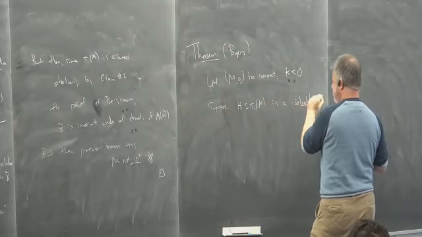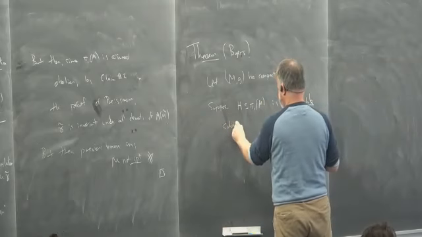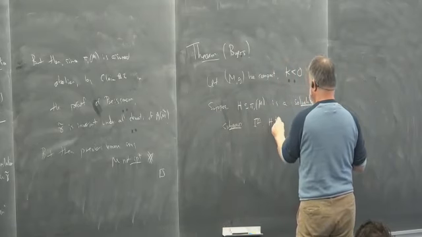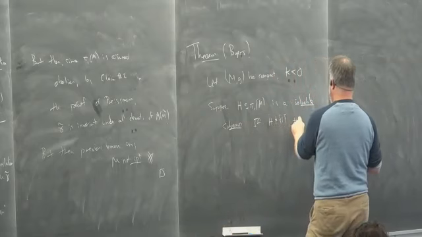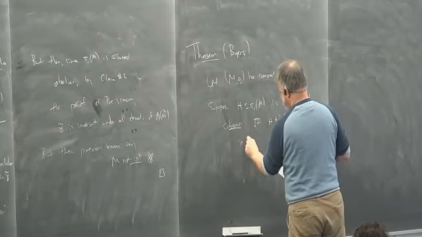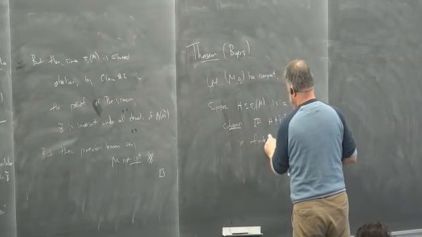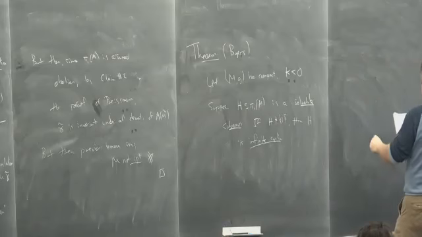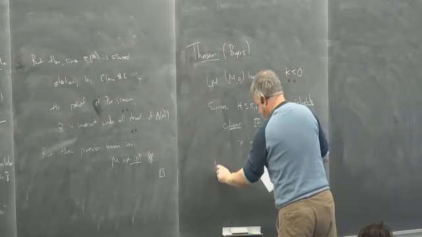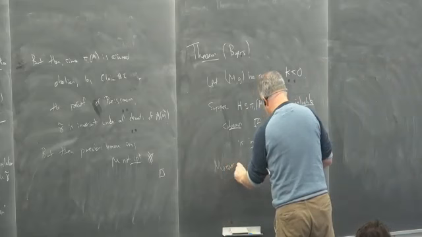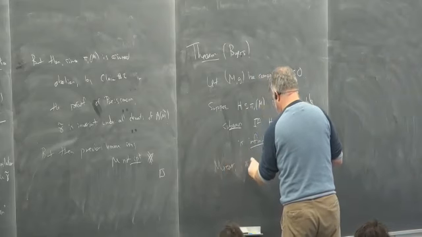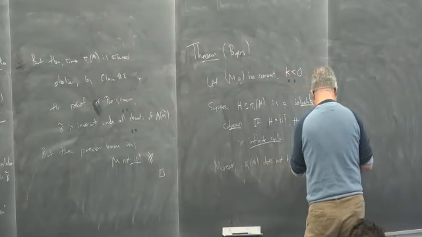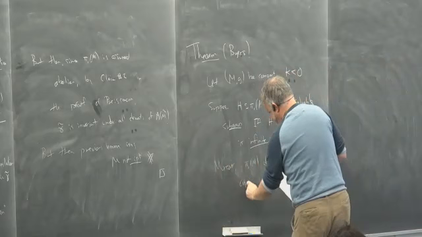I'll tell you what that means in a second. If H is not equal to 1, then H is infinite cyclic. Okay. So this is a generalization of Preissman. Moreover, pi1 of M does not have a cyclic subgroup of finite index.